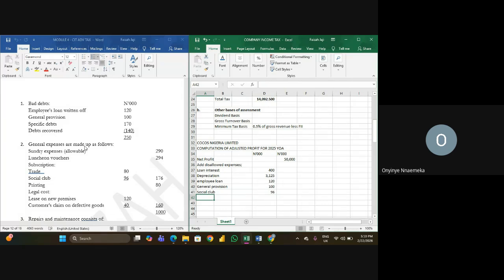Printing, legal costs, lease on new premises. Lease on new premises is disallowable. I'm just trying to explain why it is disallowable. It relates a lot to capital expenditure.